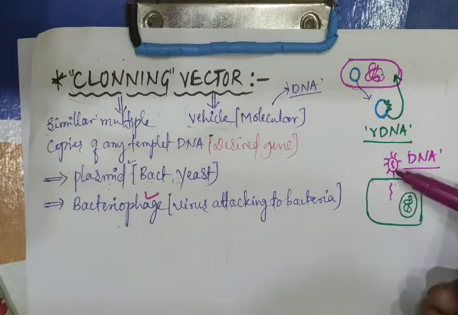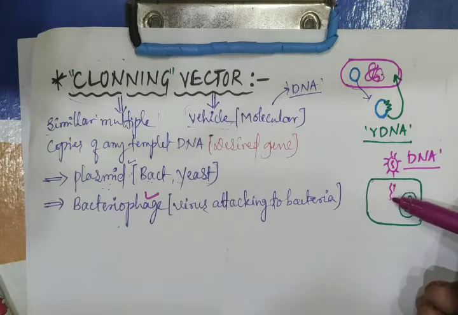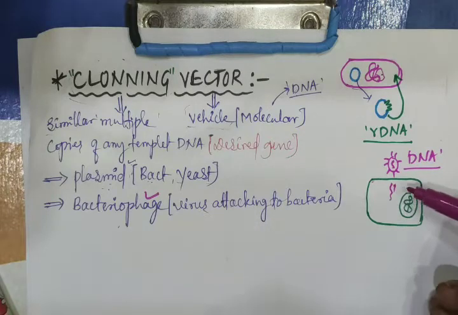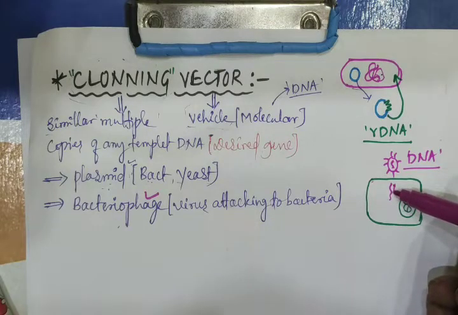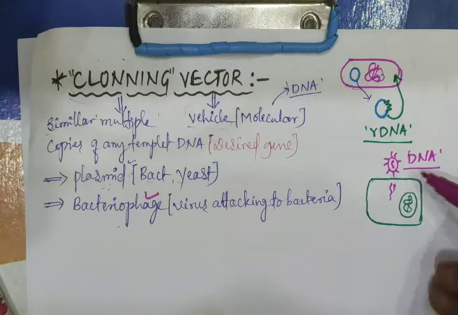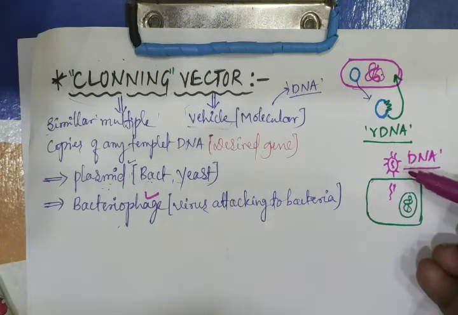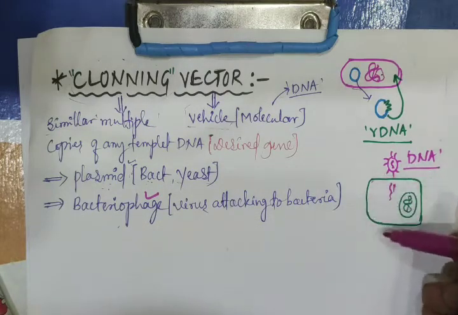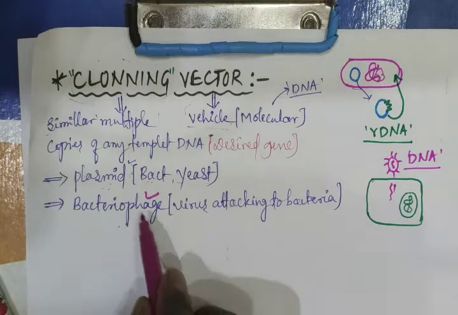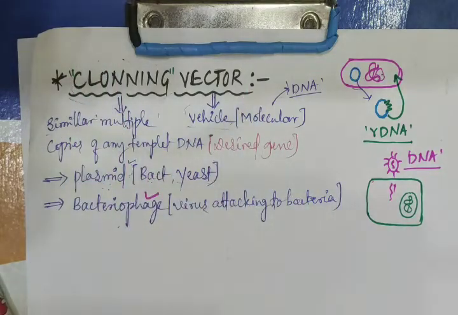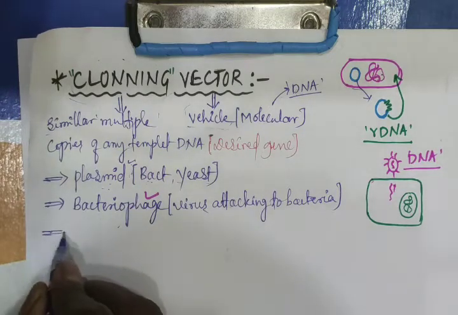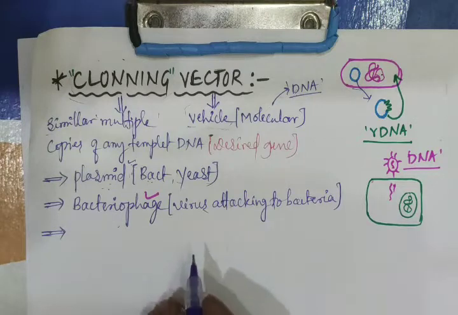Now imagine the virus DNA has entered inside, right? Now suppose we introduce our gene in this DNA, then our DNA also enters inside. That means the bacteriophage helps in transferring our desired gene into a bacterium. Hence the bacteriophage is also working as a cloning vector, right? These are the two major cloning vectors. And apart from these, we still have some more cloning vectors.